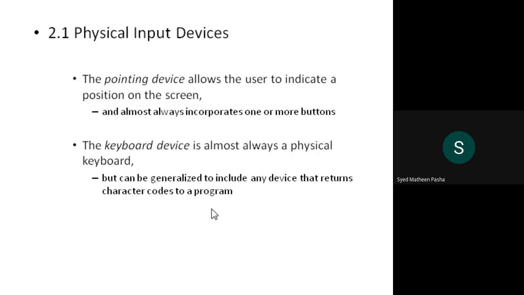What does the machine understand? Machines understand zeros and ones, right? So it converts the input taken from the user into ones and zeros. That is the working of a keyboard device.